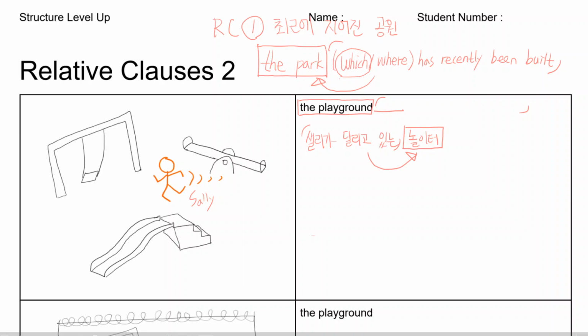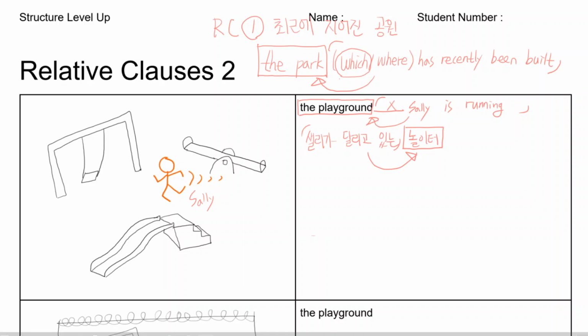Let's come up with the rest of the sentence first. So Sally is running. This is the sentence, right? Even without this connecting part, you can understand what it means actually, right? The playground, Sally is running. 셀리가 달리고 있는 놀이터.